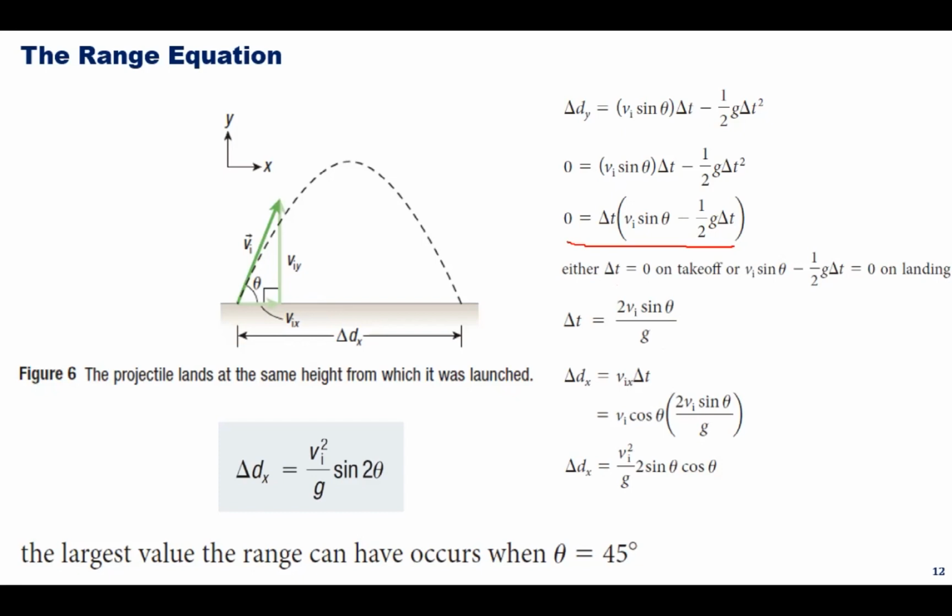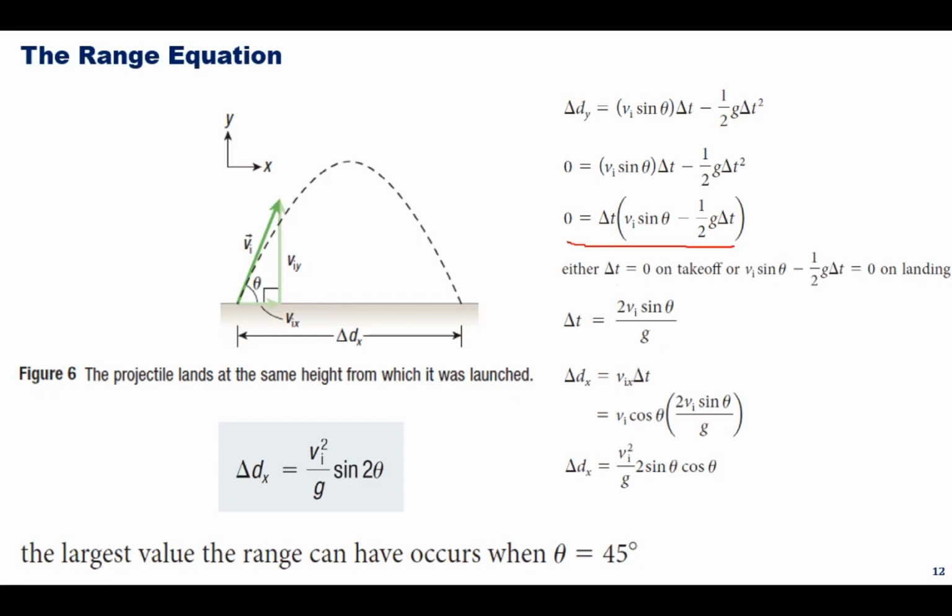This gives delta dx equals vix times delta t, which is vi times cosine theta times 2 vi sine theta over g. Simplifying this gives us delta dx equals vi squared over g times 2 sine theta cosine theta.